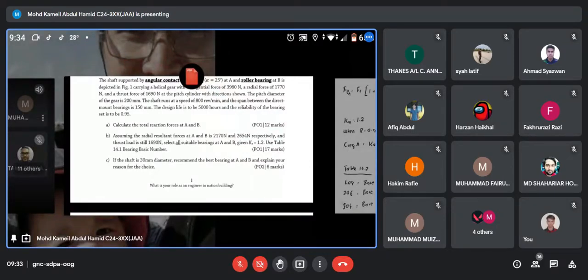Bearing A. Mana? Lokman. Ada tak jawab? Fairul. Shaft diameter dia bagi 30 mm. Recommend the best bearing at A and B. Check A and B. Which one is best? 304. Bearing A 304. Check dia punya shaft diameter. 304.